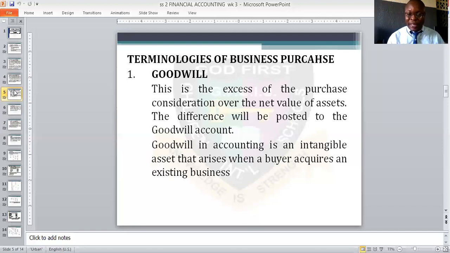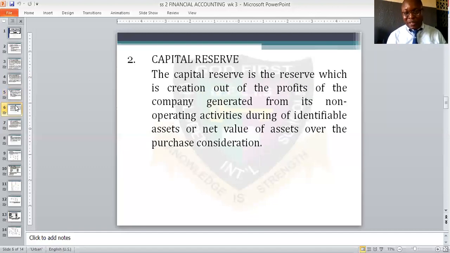At the end of the day, we get the net value of assets. Then you subtract it from the purchase price, or you call it purchase consideration. So this goodwill in accounting is also called an intangible asset.